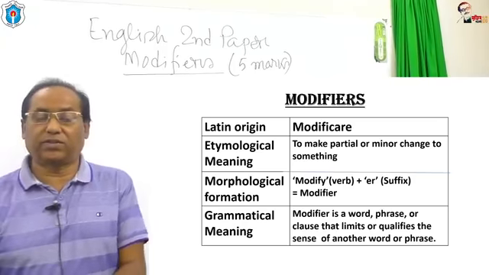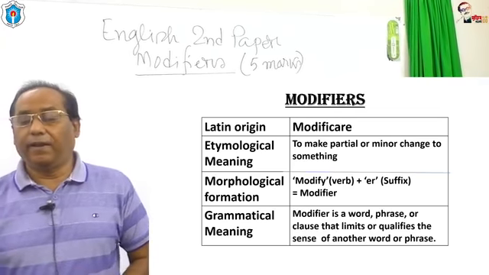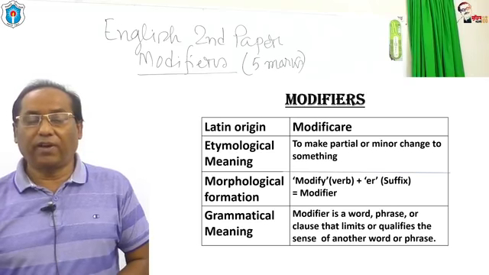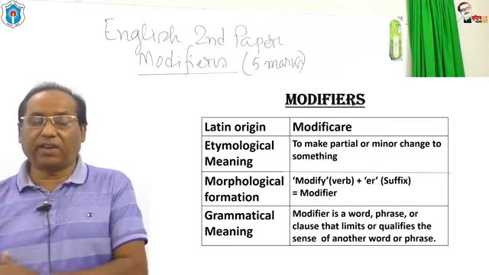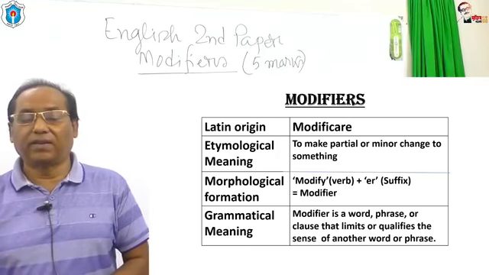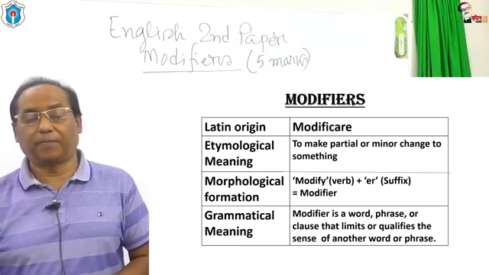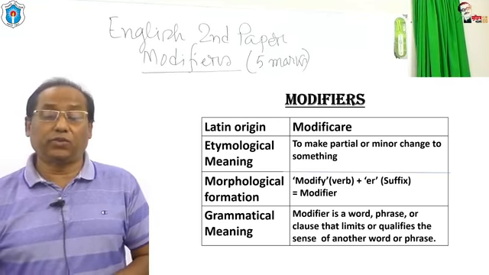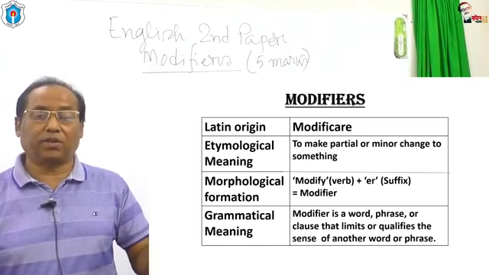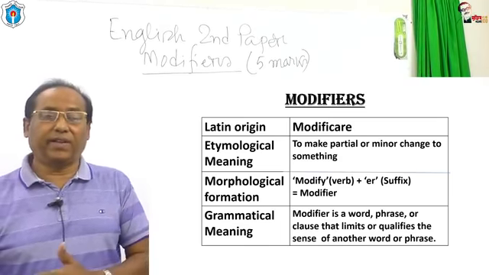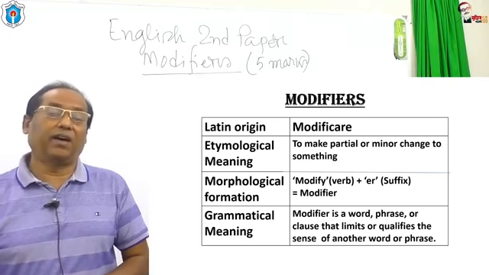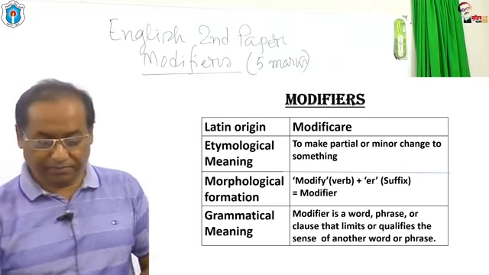My dear students, in English grammar, modifier has a greater perspective, a greater meaning and significance. And to know and to have better conception of modifier, let us consult and see the definitions.